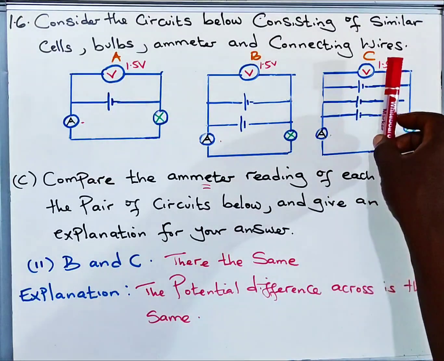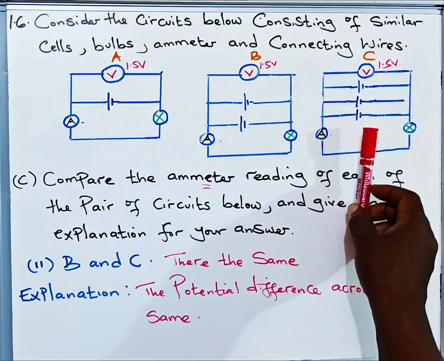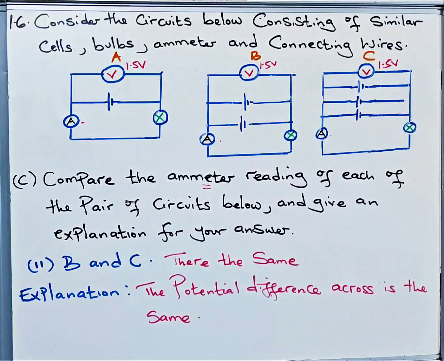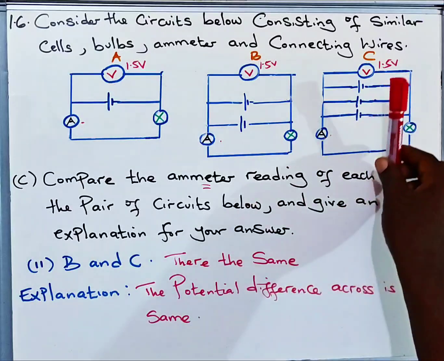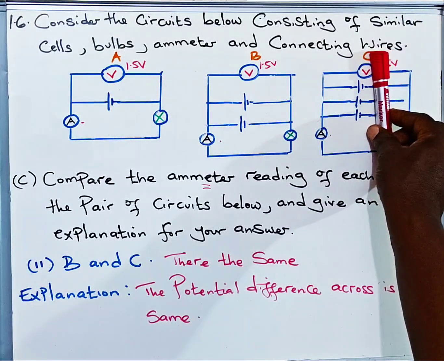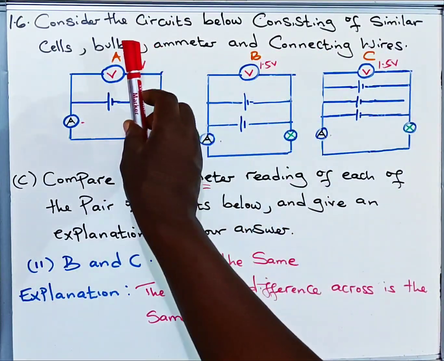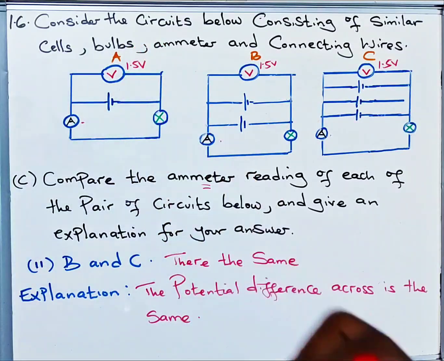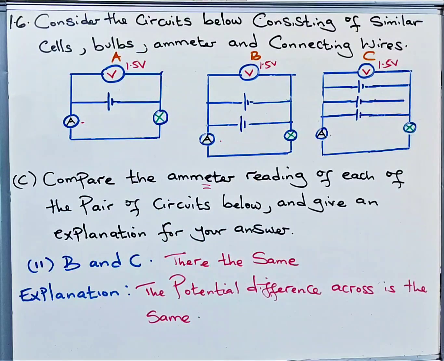The reason lies in the fact that the more cells you have in parallel, the longer that battery will sustain the current. So this one will take long to be drained compared to this one. That's the explanation as to why we put so many cells in parallel, despite the fact that they give the same potential difference.